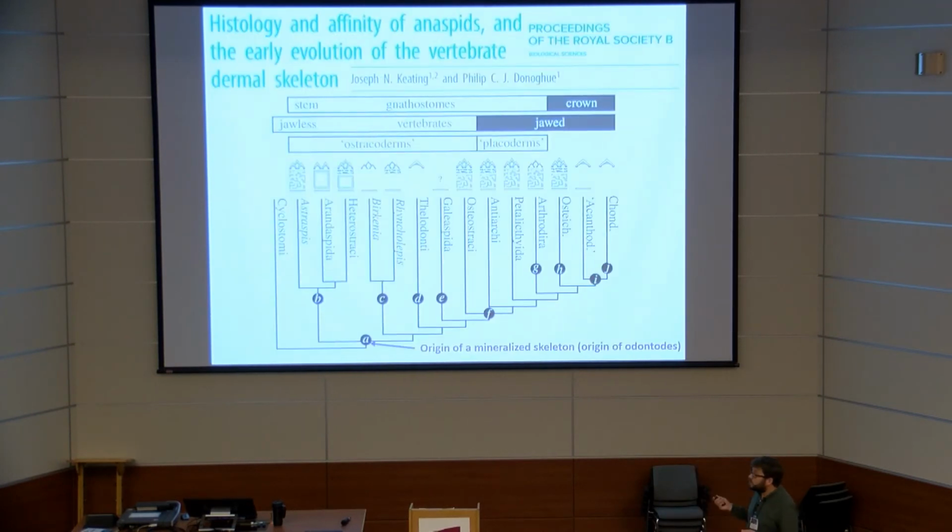And the fossil record of early vertebrates largely agrees with this. So we see down here we've got the plesiomorphic vertebrate skeleton, and we see independent modifications of that skeleton in each of the major skeletonizing vertebrate groups.